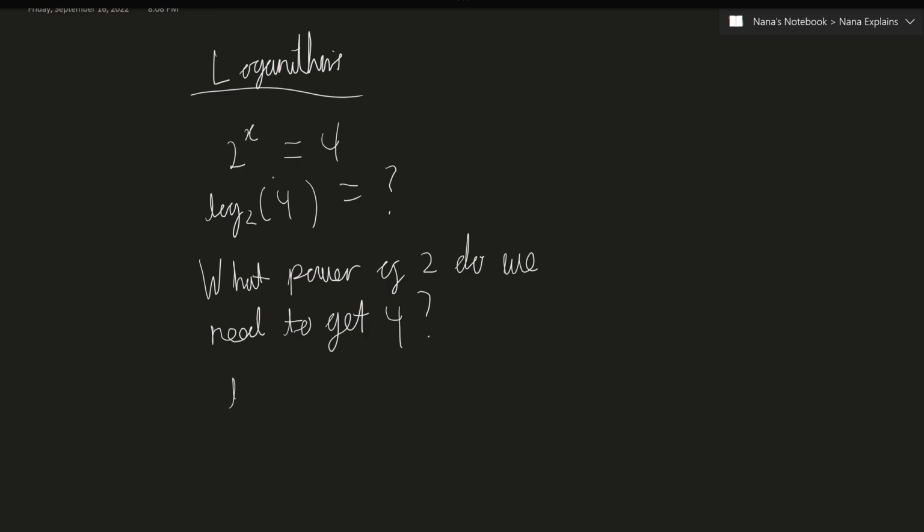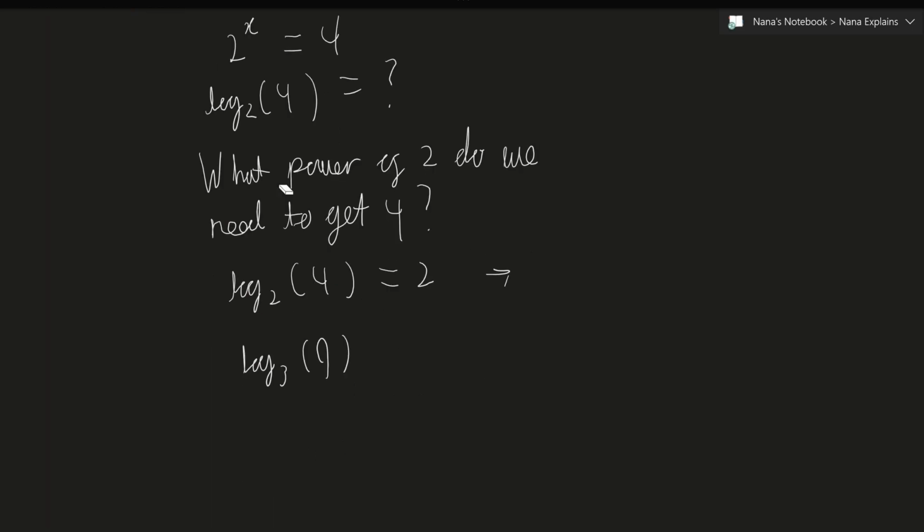You can see that log base 2 of 4 is equal to 2 since 2 squared is equal to 4. We can do this again. Let's say we have log base 3 of 9.